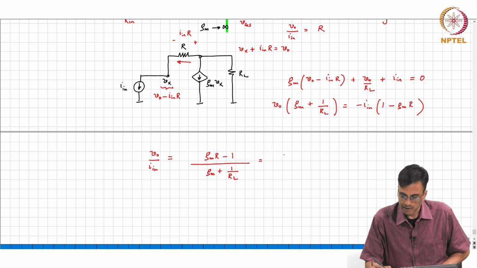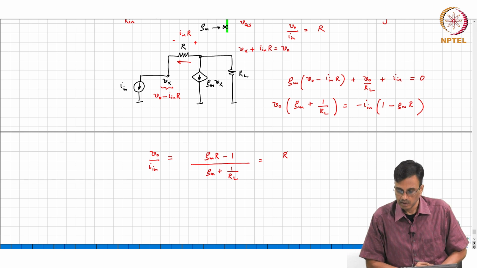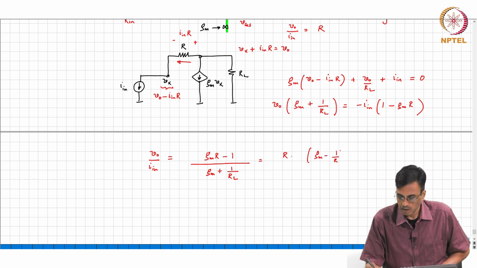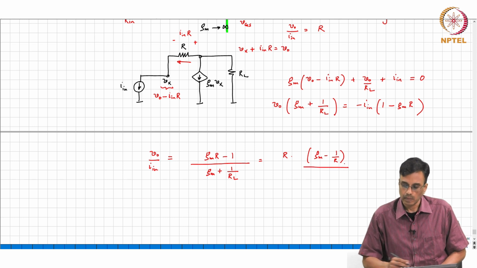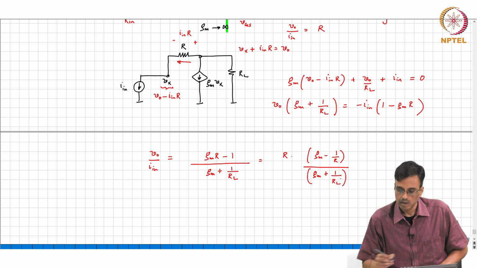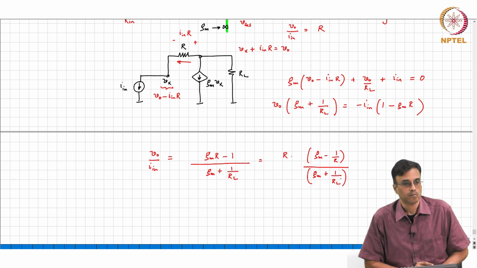All right. Which is nothing but, I'll write it in terms of the ideal value R times, how do we write this... so this becomes 1 minus... sorry, R times Gm minus 1 over R over Gm plus 1 over R. Okay, so what comment can you make?